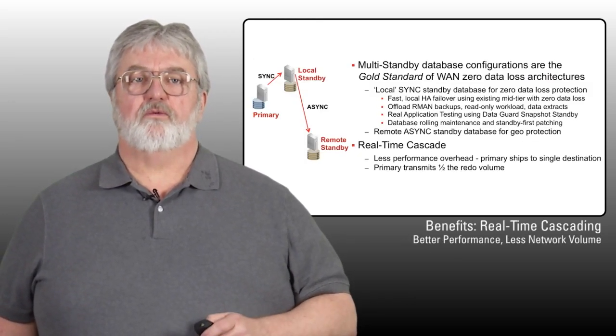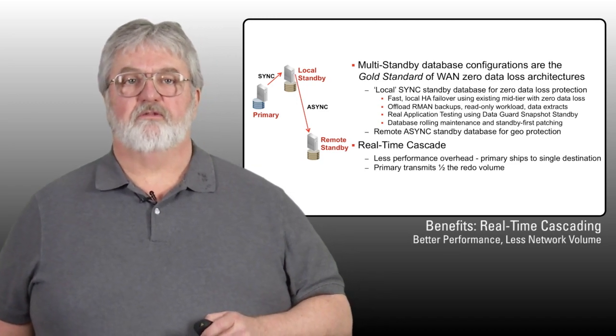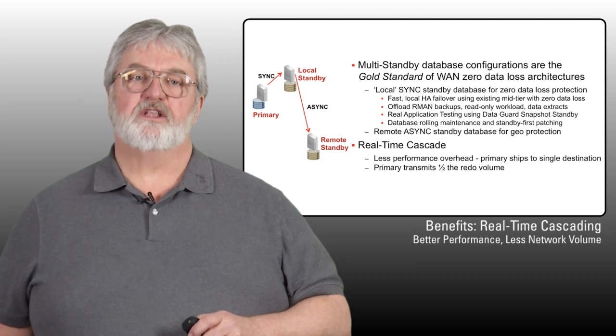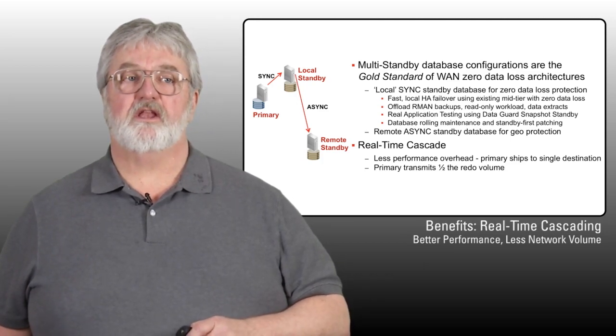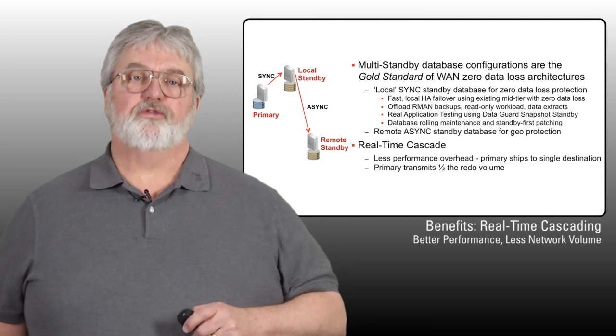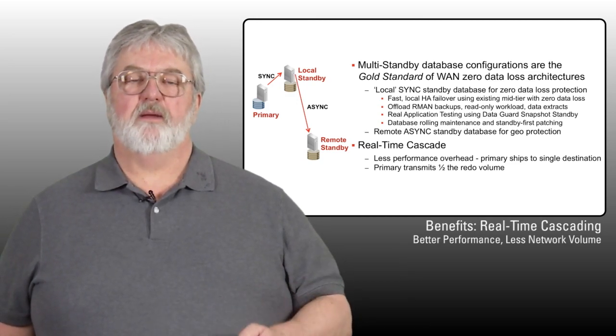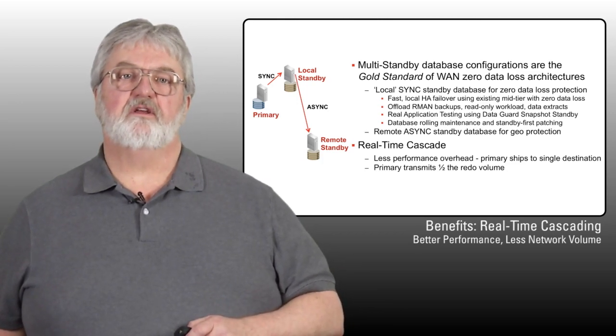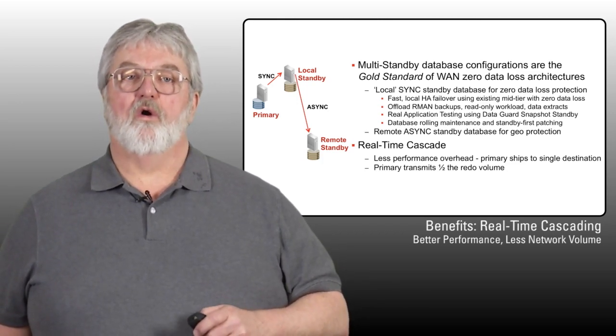So this means that when people have this gold standard, as we refer to it, where they have a production database, they have a local standby for local HA and perhaps Active Data Guard reading, and a remote standby, you can now have the local standby forward the redo so that the primary database does not have to be shipping twice and doesn't have to deal with any kind of network failure over the WAN.